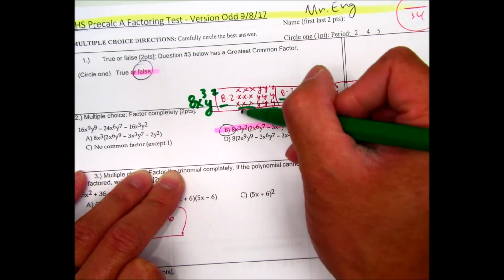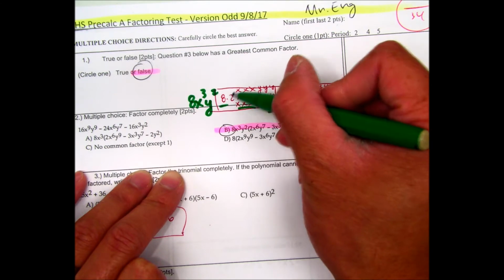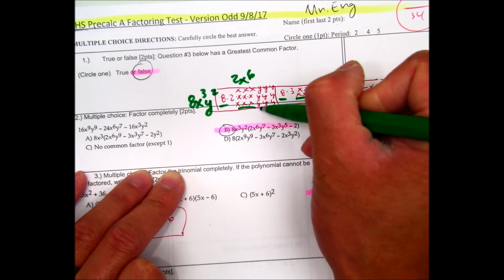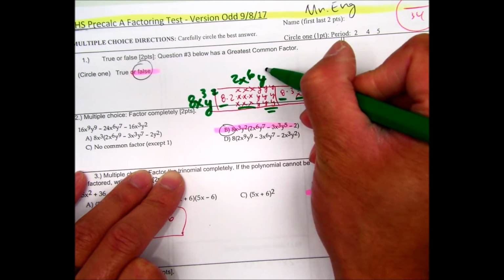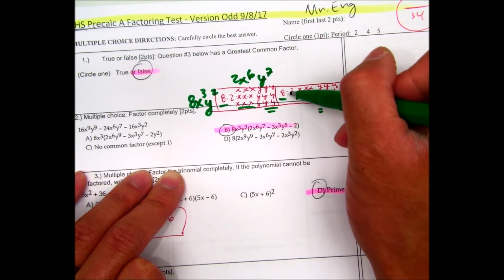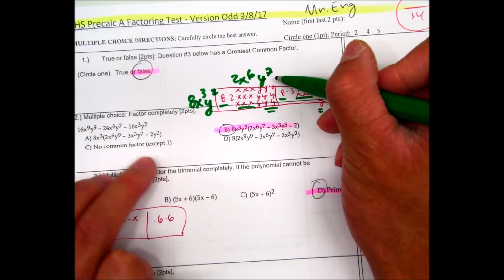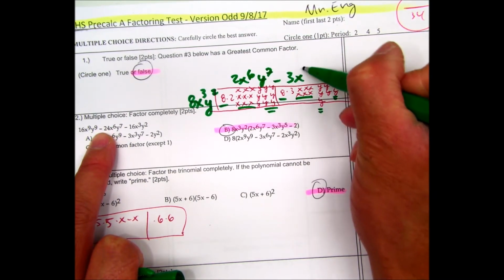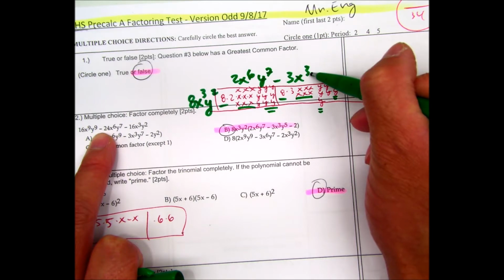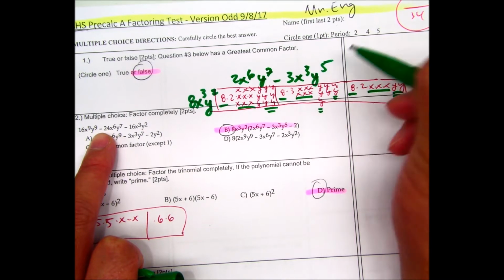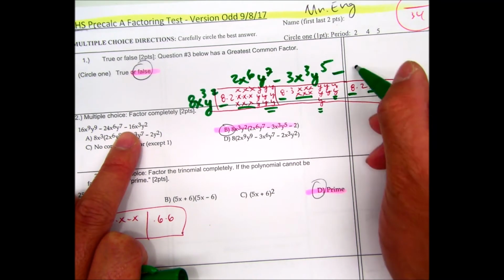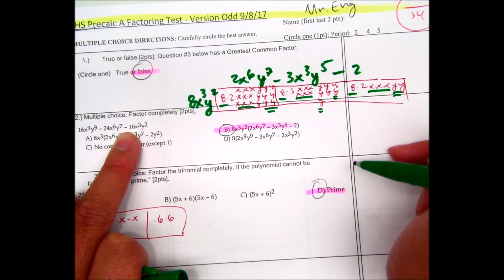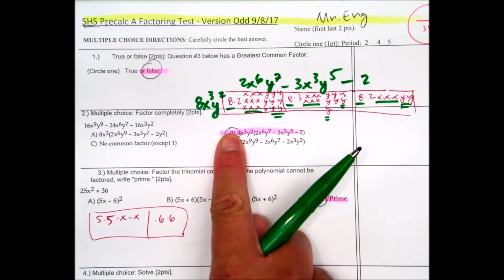So then whatever's left that you didn't underline in green, so 2x to the 6, and this would be y to the 7th. Here you don't have that 3. So the operation over here was subtraction, so minus 3x to the 3rd, and then count my y, so I got y to the 5th power. And here still minus 2, and there's nothing left over there. So that would be choice B.